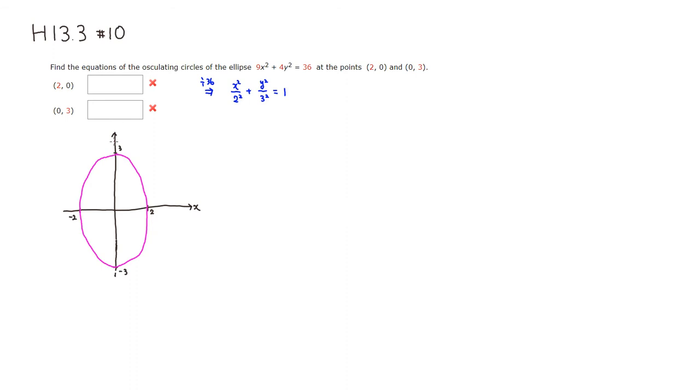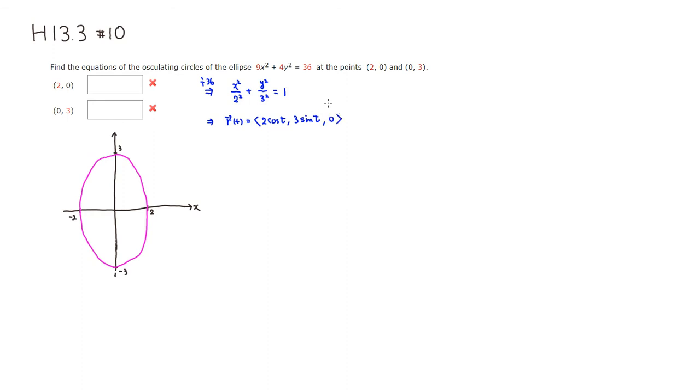Then we want to parameterize it: r of t is 2 cosine t, 3 sine t, and this is on the xy plane, so z is 0.